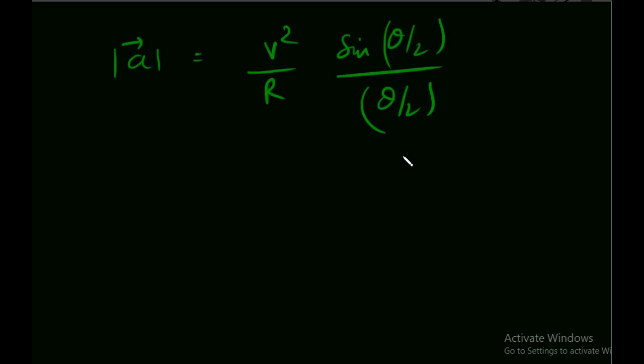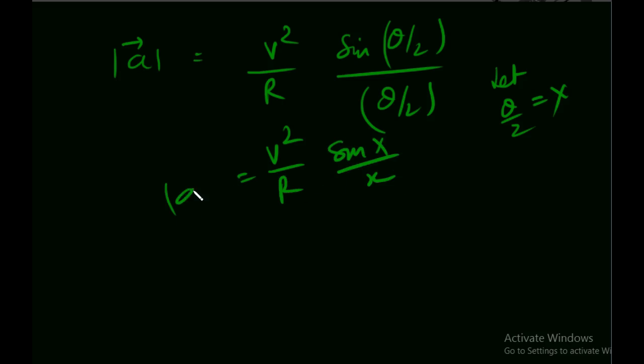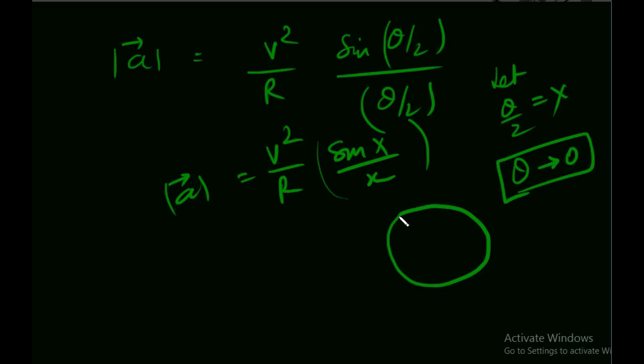So you see, for a very small angle theta, let's say theta by 2, for example x, okay. So v square by r sine x by x, right? And for very small theta approaching 0, because changes in velocities are very small over a very small distance.